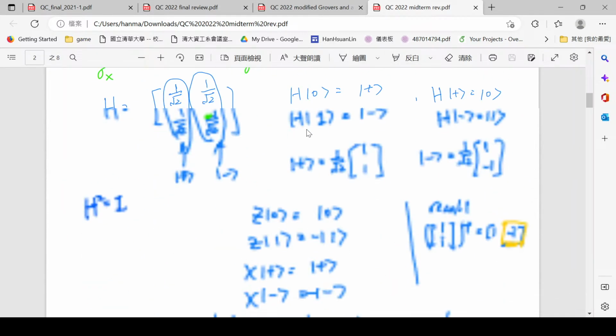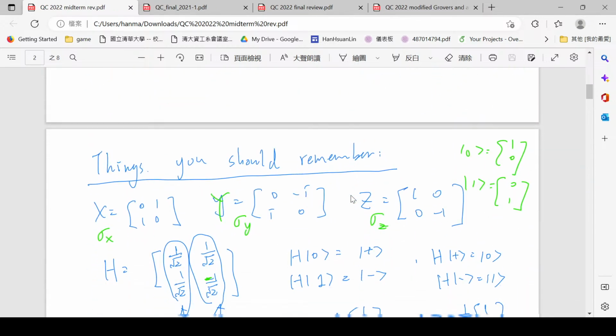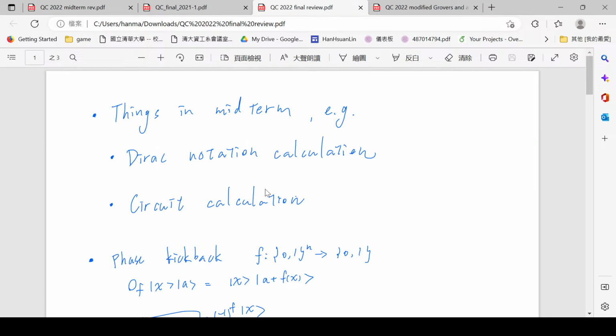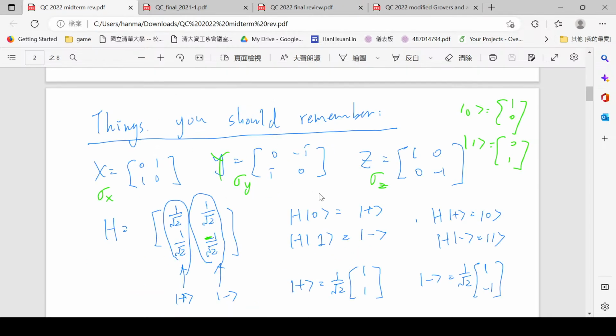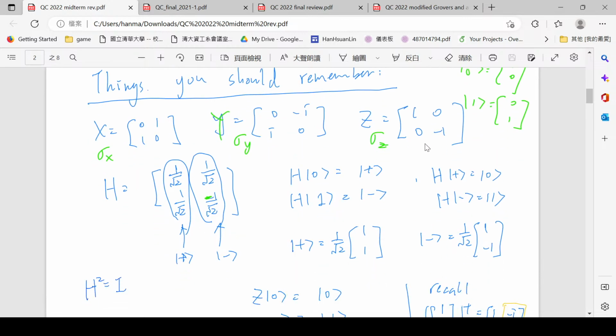Okay, it's easier. So yeah, the scope of the final will be everything covered in the course. Obviously, since the midterm is also covered, let's look through this really quickly. So in the midterm review, we have sigma x, sigma y, sigma z.